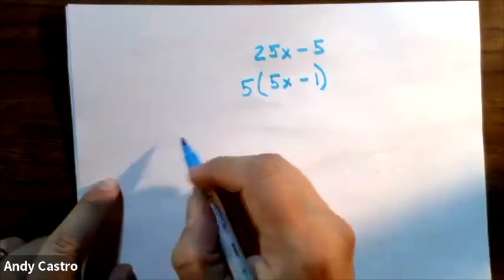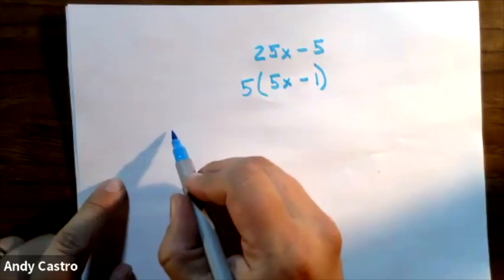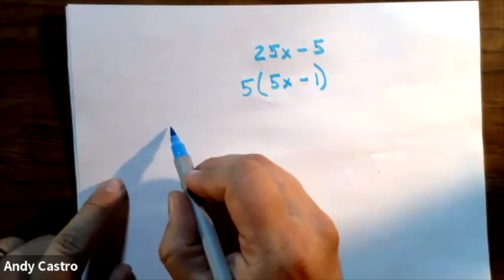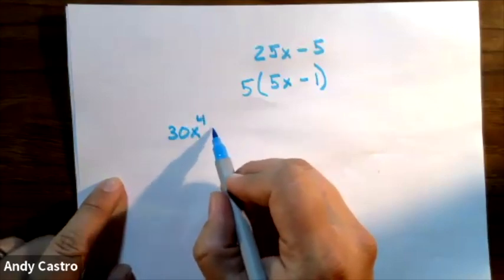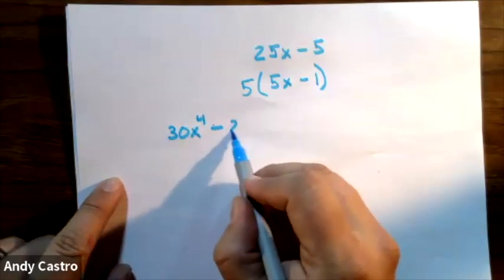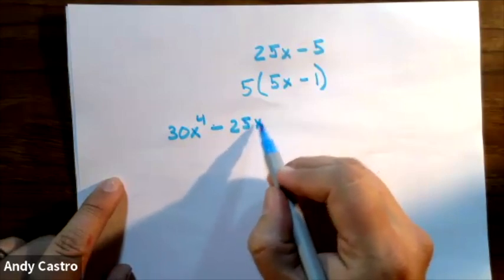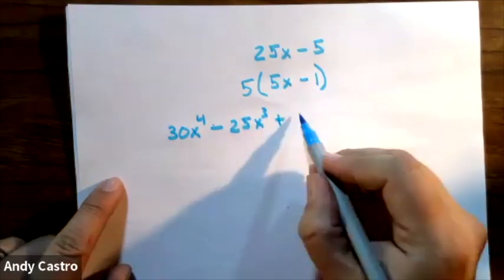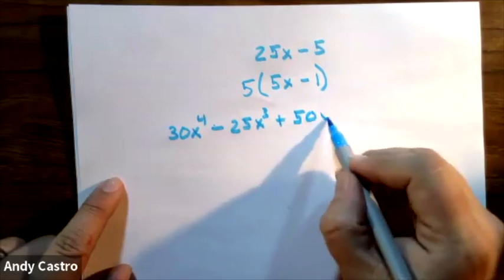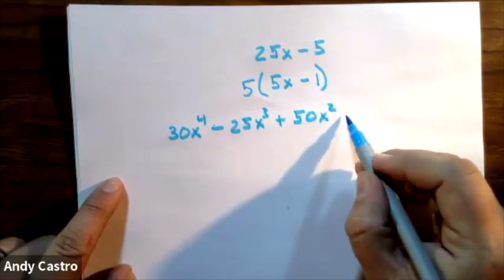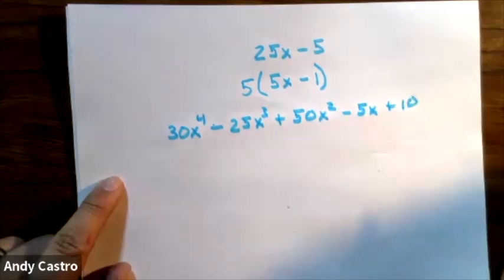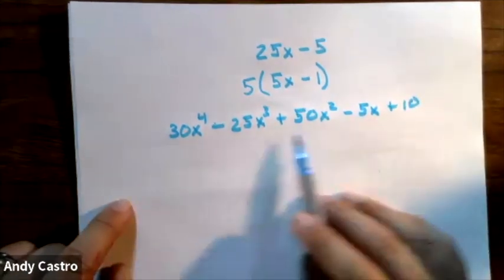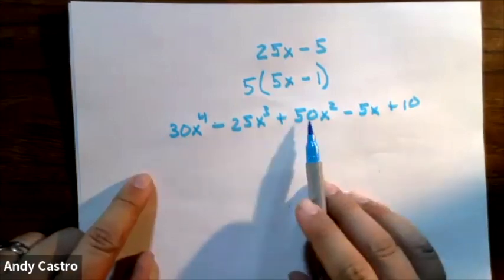And you could have several. You can have, let's say, 30x to the 4th minus 25x to the 3rd plus 50x squared minus 5x plus 10, right? And then here, I could factor out of each one of these.